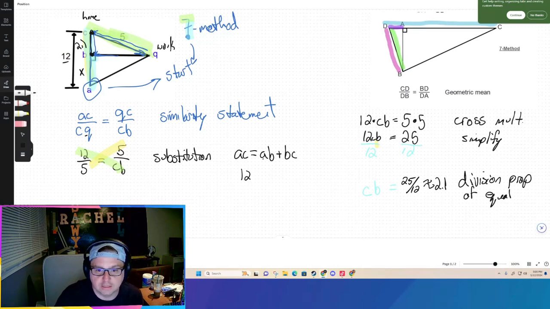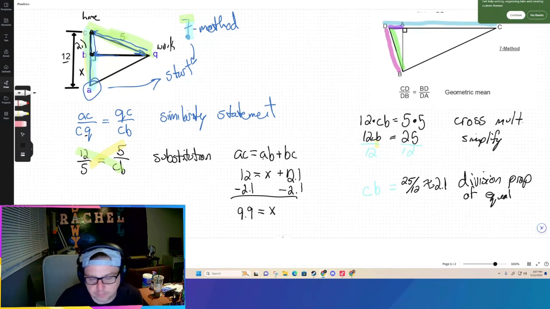We know AC is 12, AB is X, and BC we just found to be 2.1. So we would subtract 2.1 from both sides. We would get X, because this would zero out, and we would get 9.9 as our solution. So depending on whether we needed C to B or A to B, one of those would give us that solution.